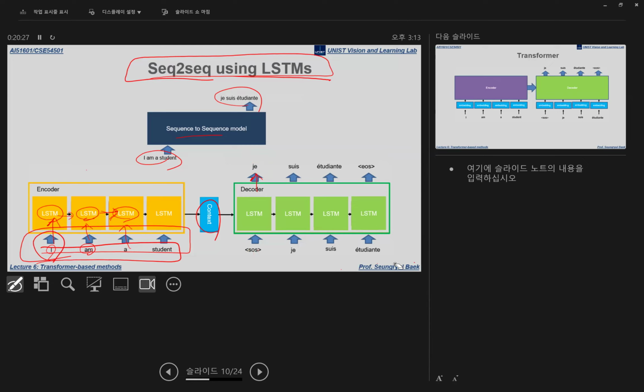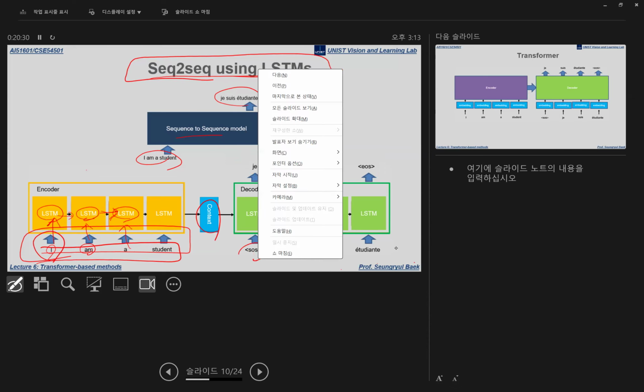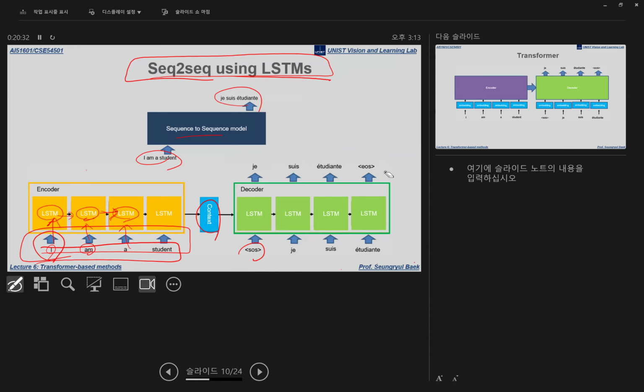And what happens next is, you have to remember, by inputting the first token, you estimate the first word, okay? And then we have two inputs, the starting token and also the first word. By inputting these two, we estimate the next word.